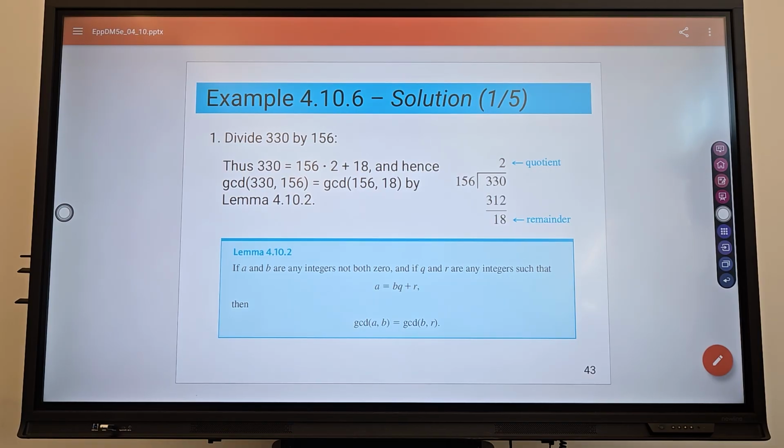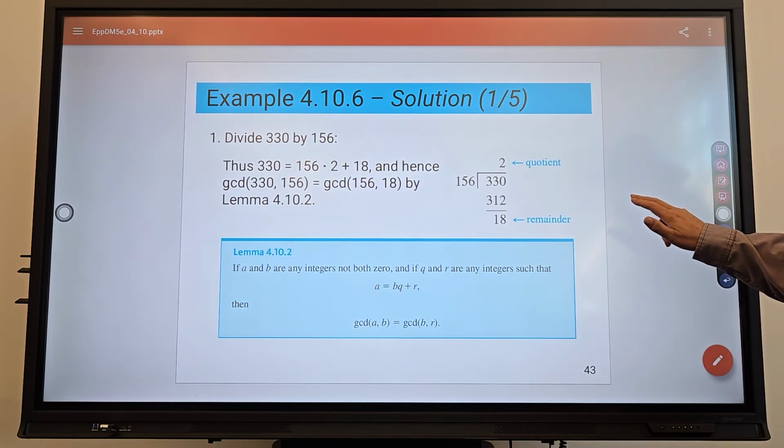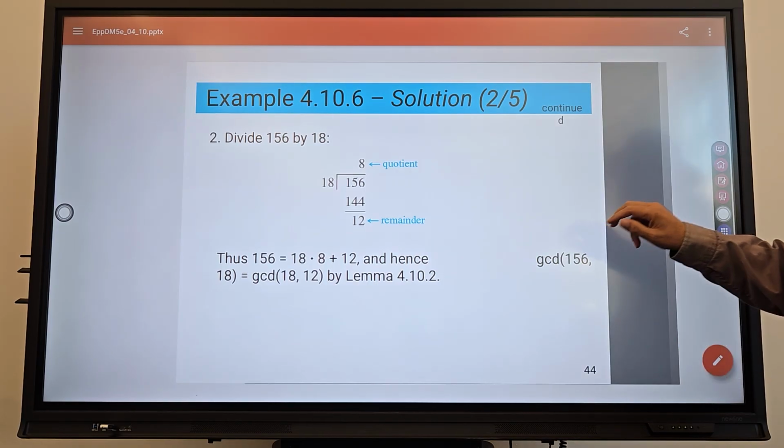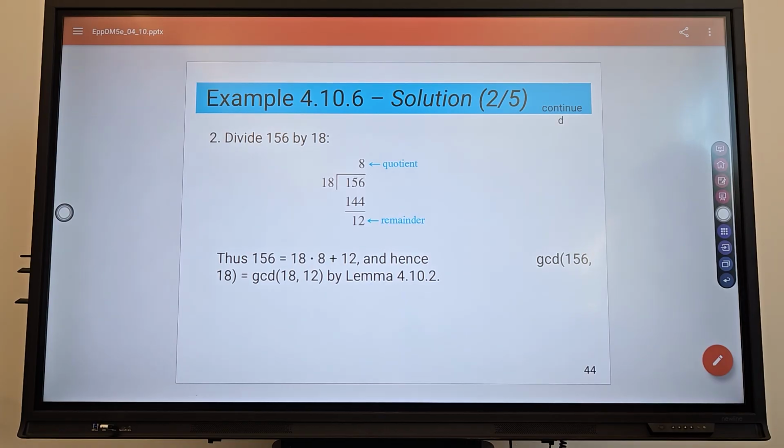If a and b are both integers but not 0, okay, yeah, we were just restating Lemma 4.10.2. So divide 156 by 18. Get a quotient of 8 and a remainder of 12.